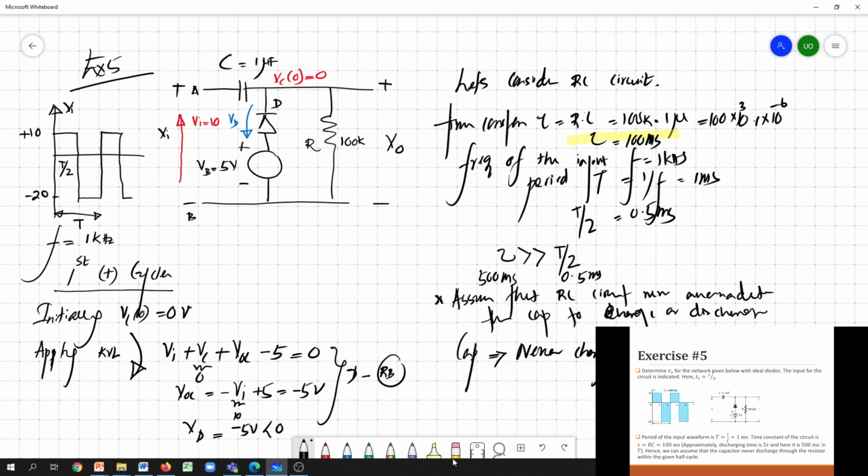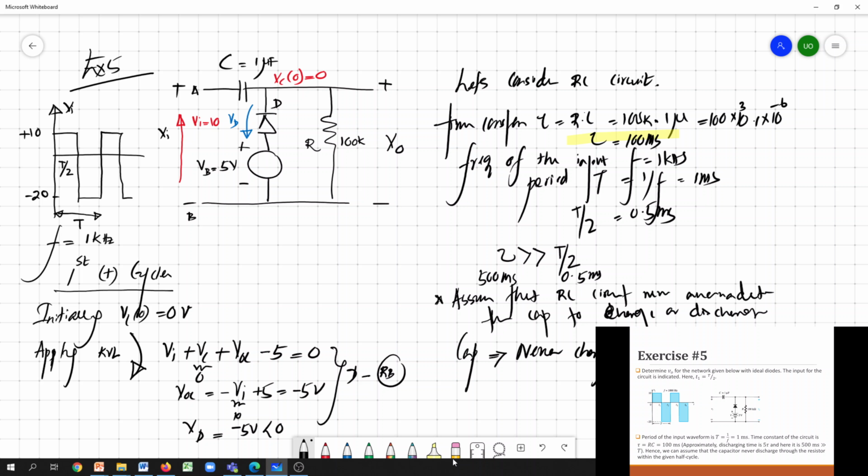So this RC circuit needs 500 milliseconds to charge or discharge completely, but we feed an input signal with a frequency of 1000 hertz, so the period is 1 millisecond and half of the period is 0.5 milliseconds.